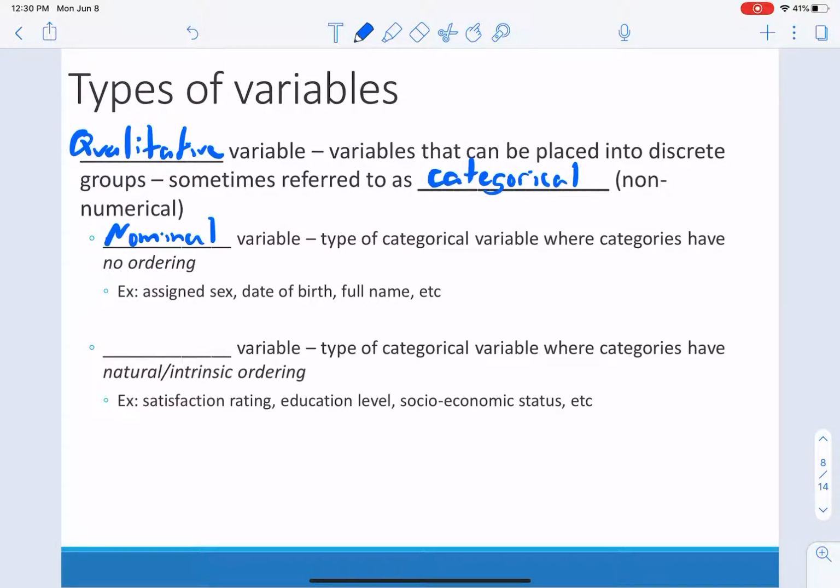On the opposite end, same coin, just different side, we've got the idea of ordinal. And the root there is order. There's a natural order to it. So satisfaction rating is an example of that, where on one end you've got very dissatisfied, and as you go further away from that, you're getting more satisfied with whatever. Education level, right?